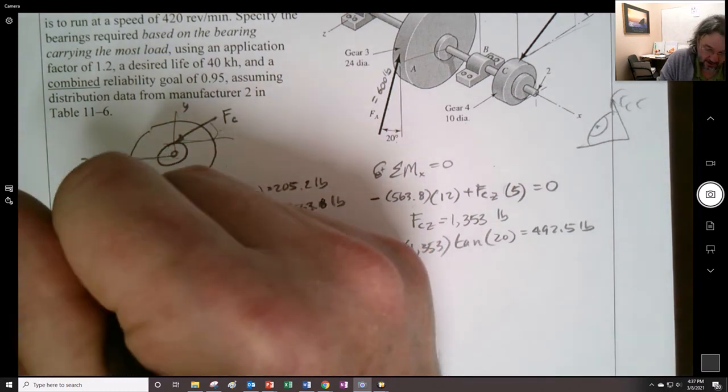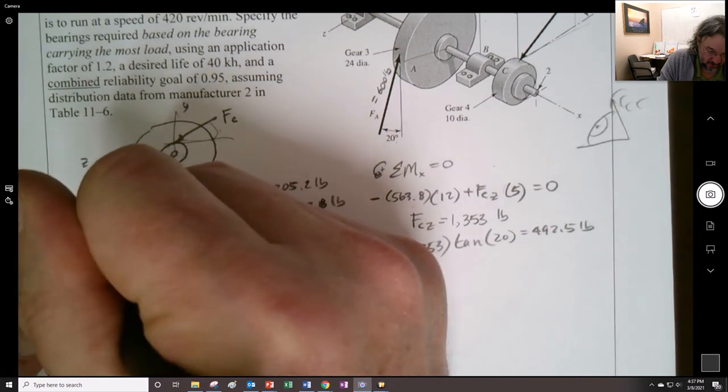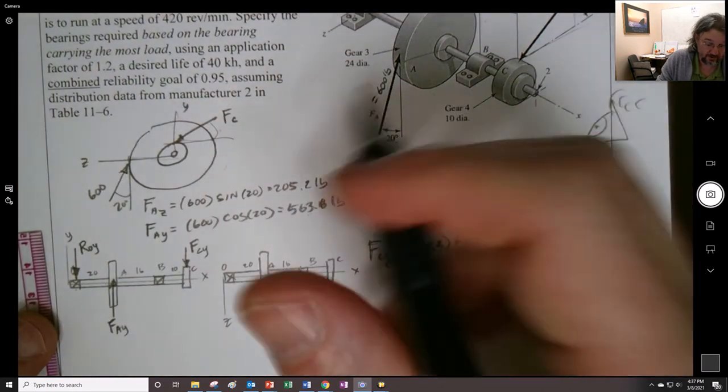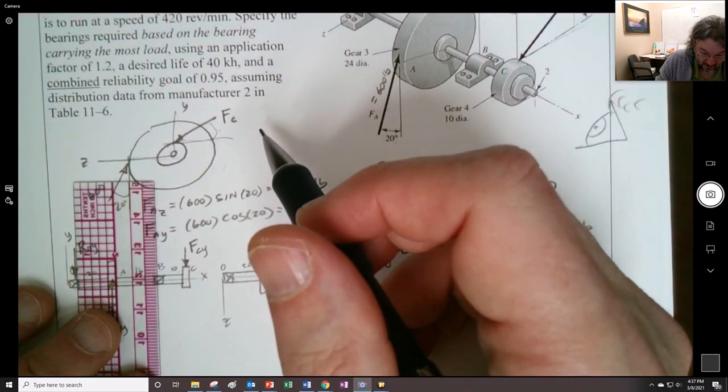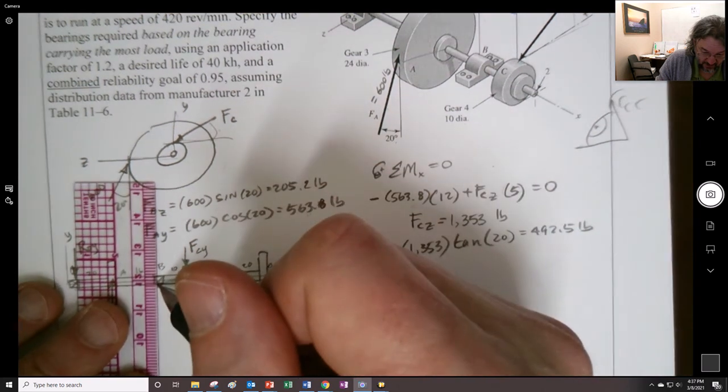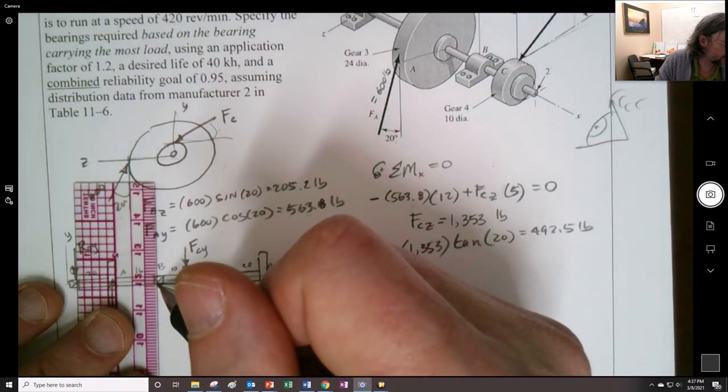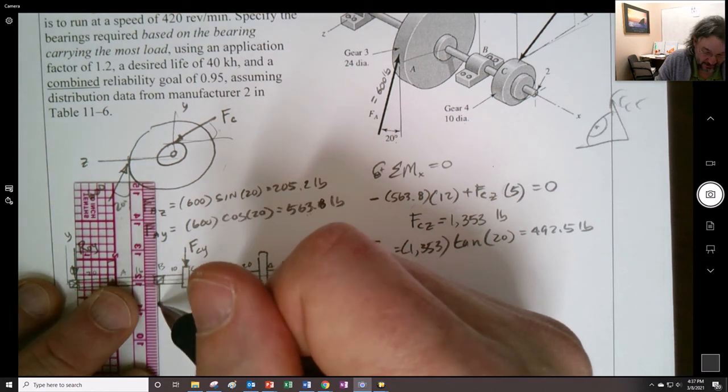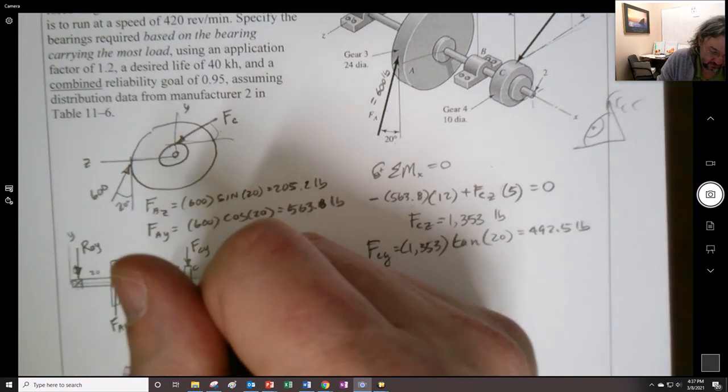I'll call this the ROY. That's my ROY. And this one right here, though, is kind of a toss-up, whether he's going to be upwards or downwards. I'm looking at my results right here, and it ends up being upwards right here.